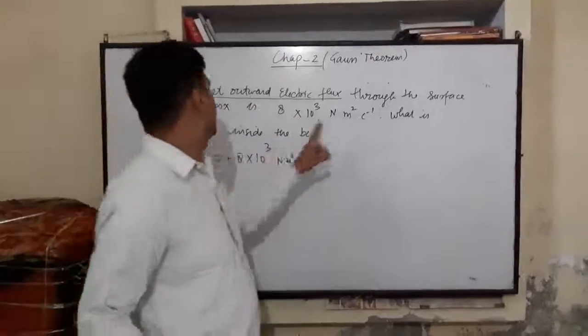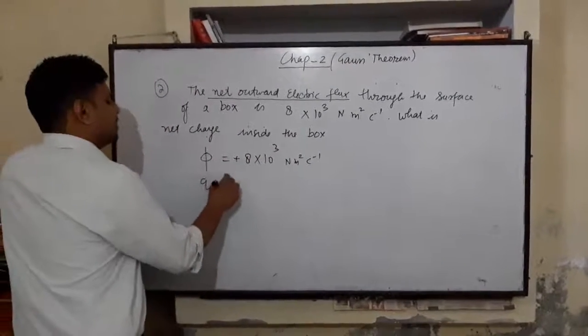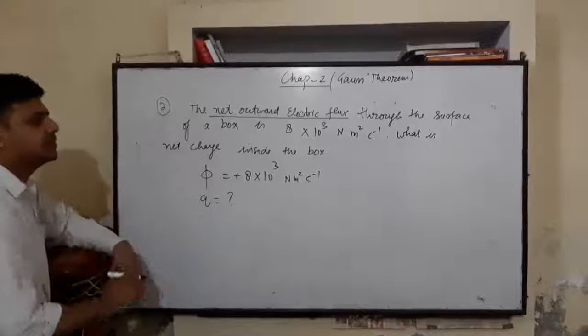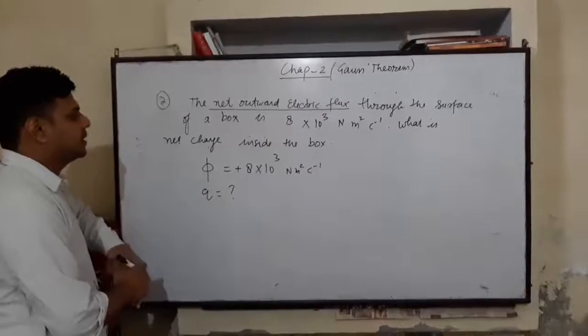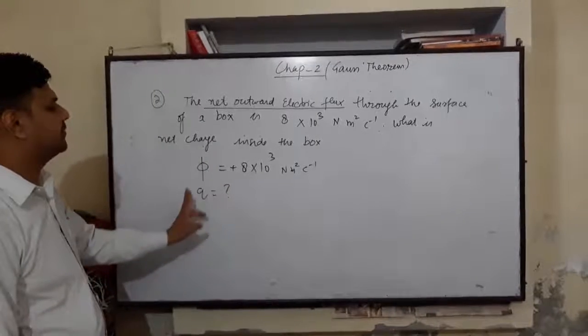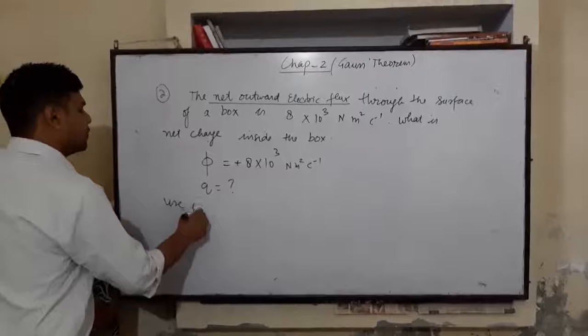What is the net charge inside the box? We have to find the value of Q. Simple, we have a box which is a closed surface, phi is given and we have to find Q, so use Gauss theorem.